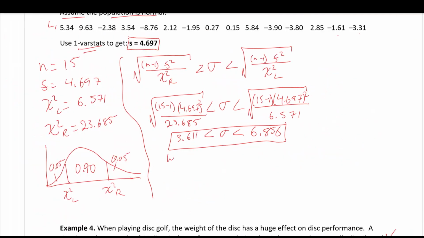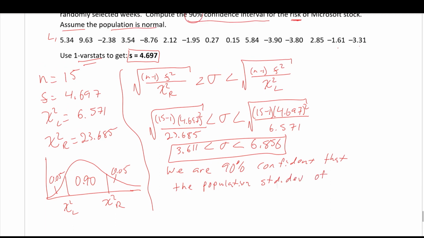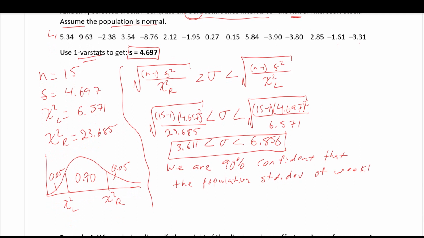And the interpretation here is that we are 90% confident that the population standard deviation of weekly rates of return is between 3.611 and 6.856.